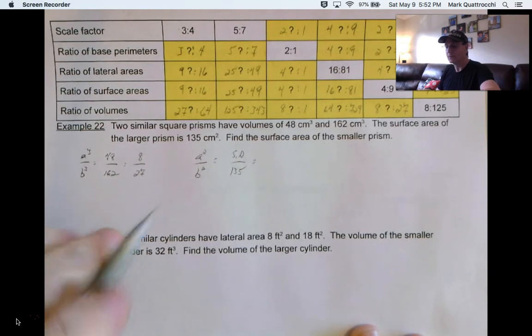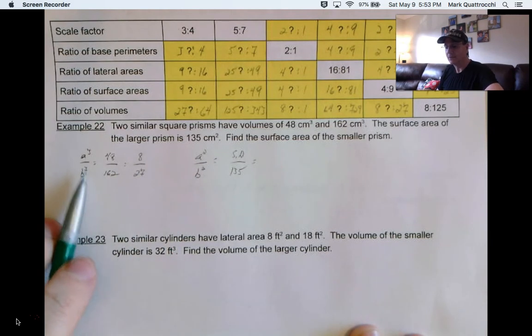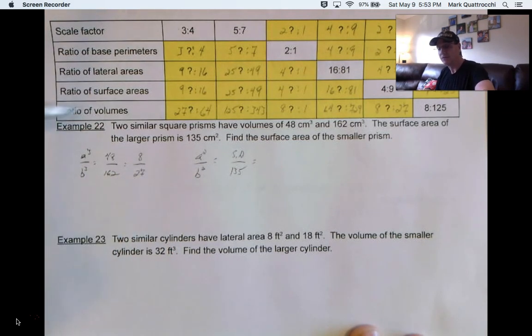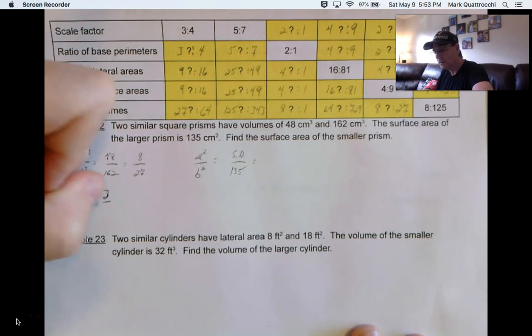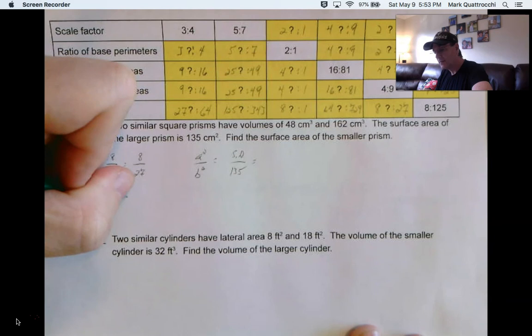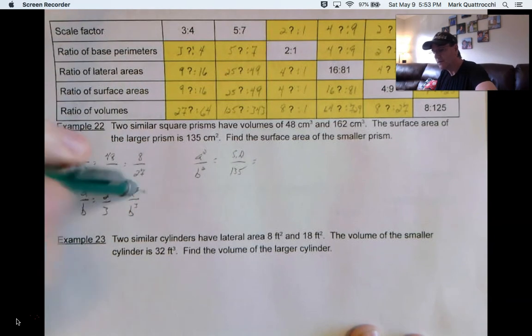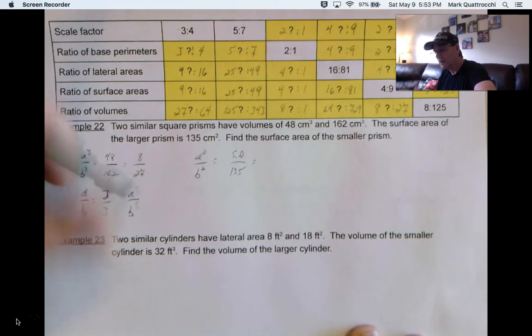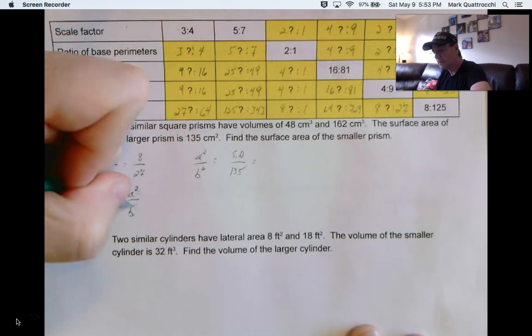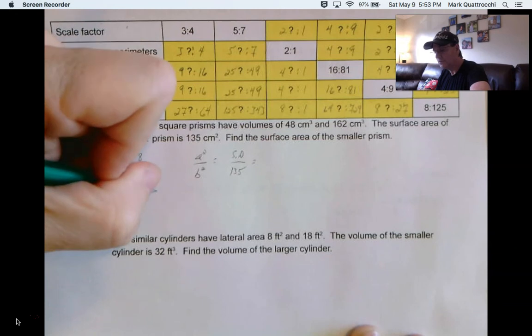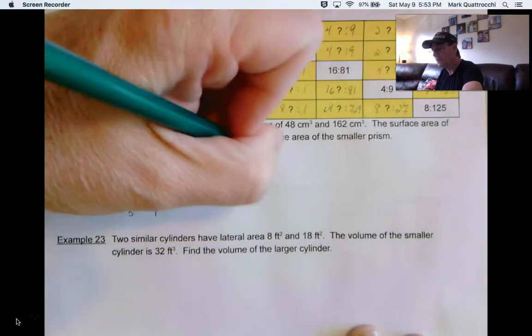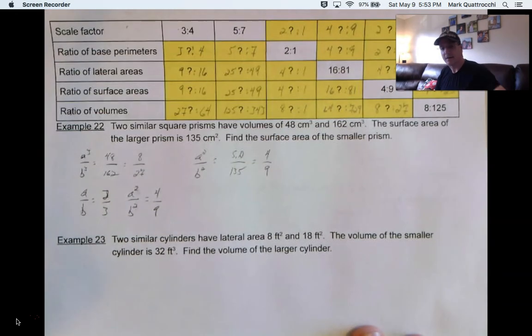Okay, I don't know the A squared to B squared. I know the A cubed to B cubed. Just like in this previous problem, we go from A cubed to B cubed to A to B, which is going to be 2 to 3. Making the A squared to B squared equal to 4 to 9.